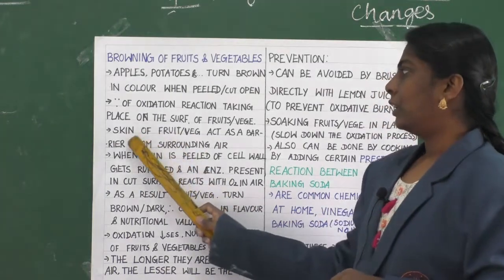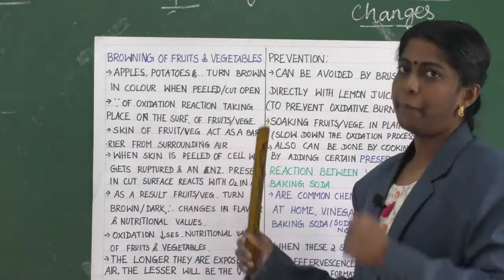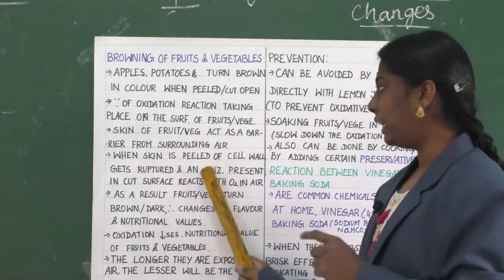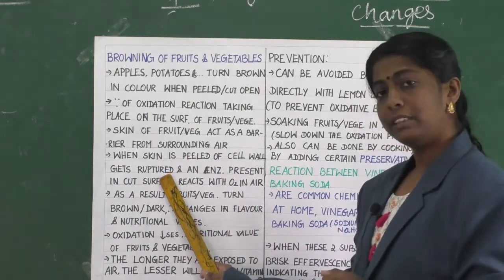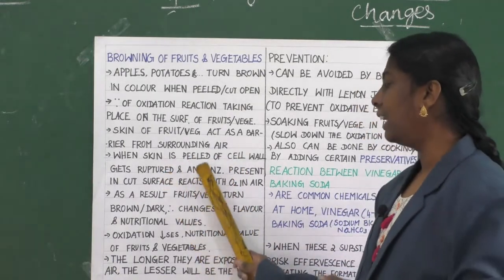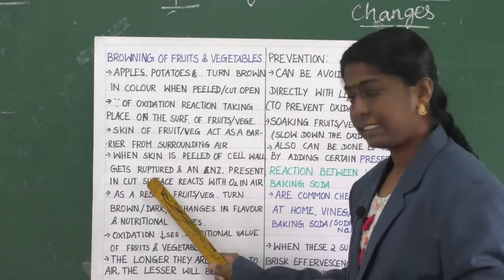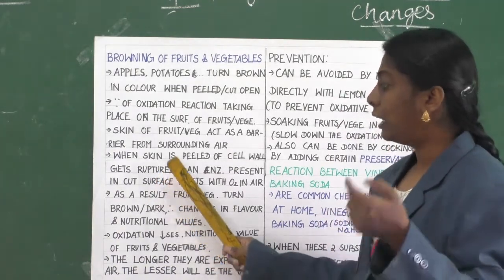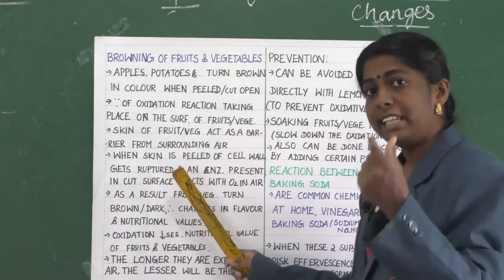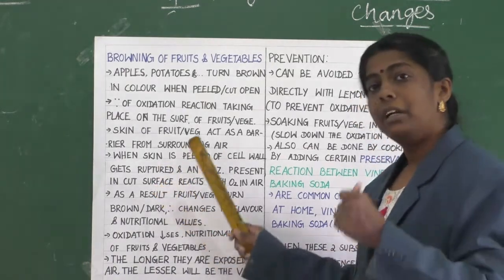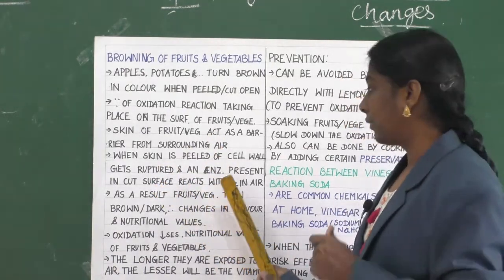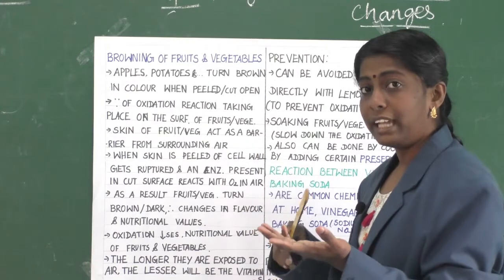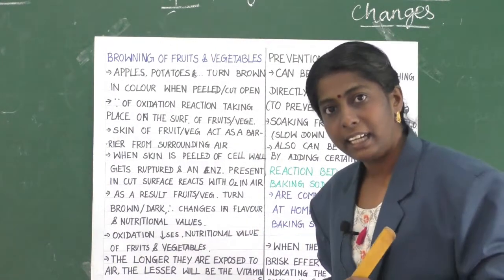So the skin of the fruit or vegetable acts as a barrier. When the skin is peeled, the cell wall gets ruptured, and an enzyme present in the cut surface of the fruit or vegetable will react with oxygen which is present in the air.